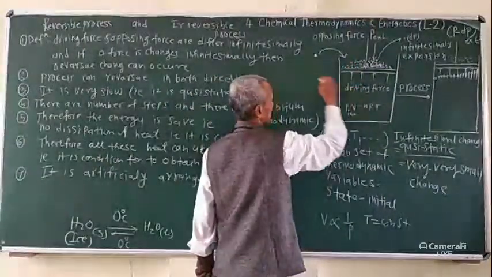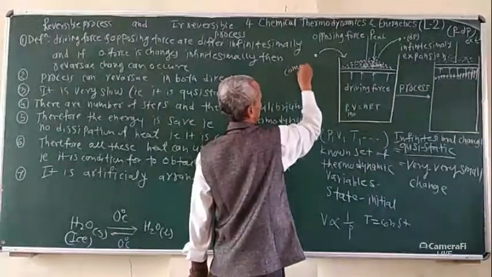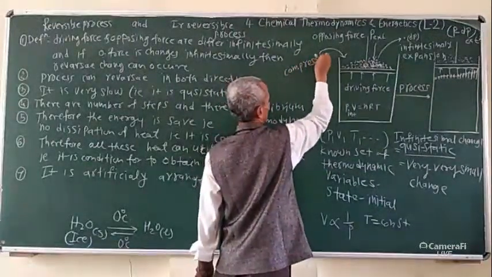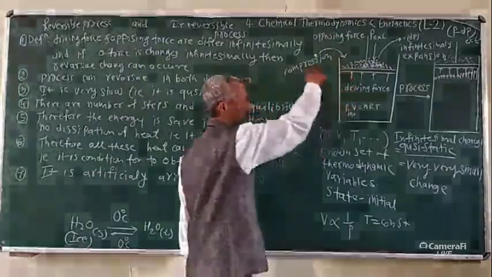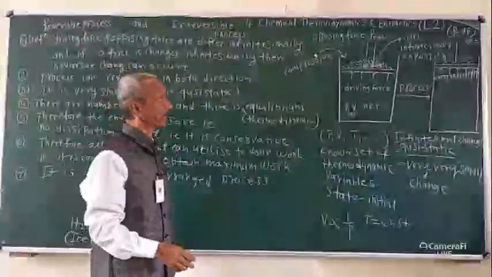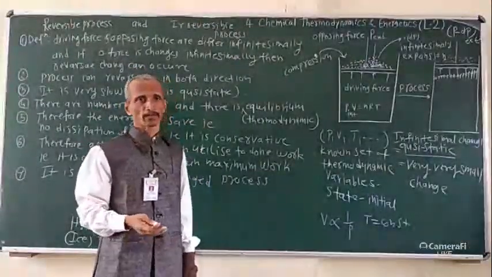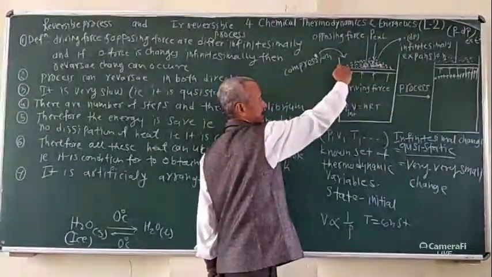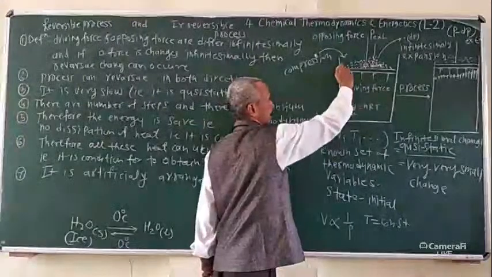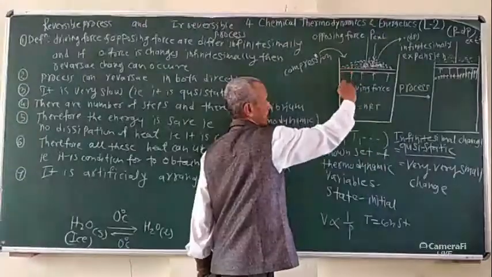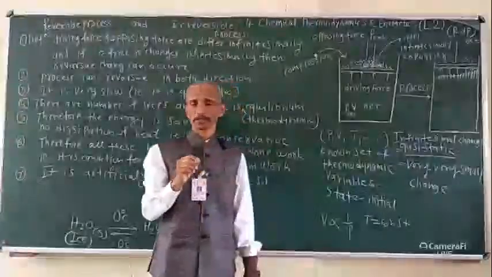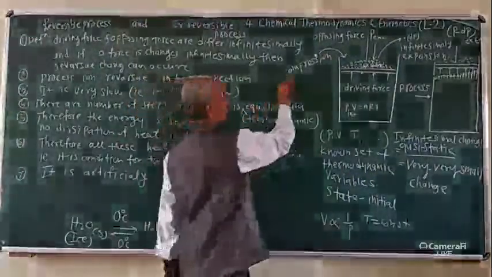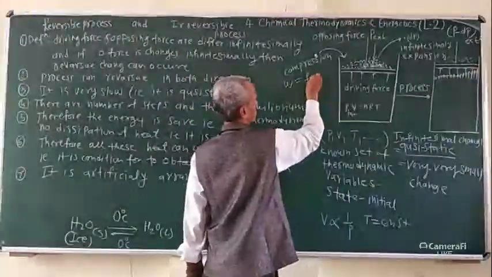It will get compressed. So here compression can take place. If the volume decreases, so here the expansion, right? So there is a displacement of this piston, which is a frictionless piston, it can be either compressed or expanded. In compression, work is done. When the displacement takes place, work is done, because work is equal to F into V.